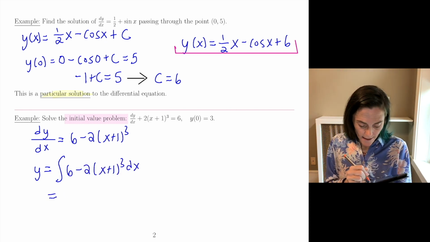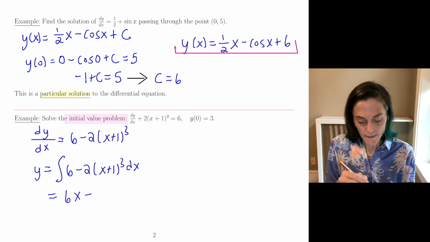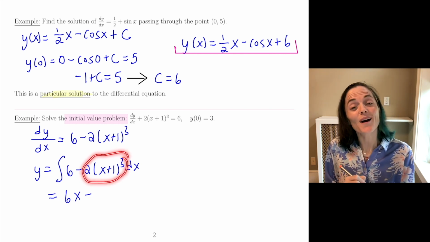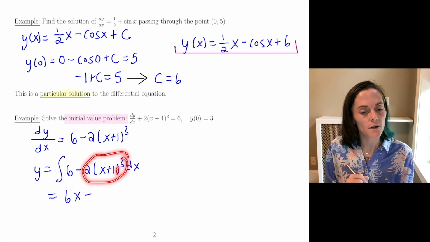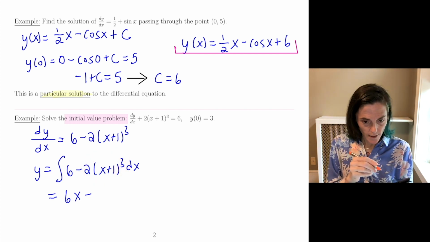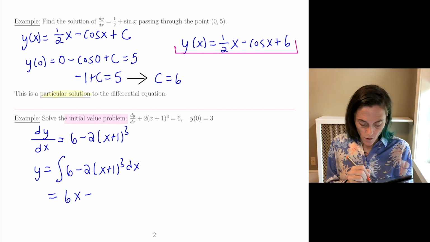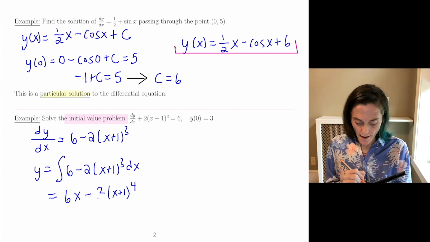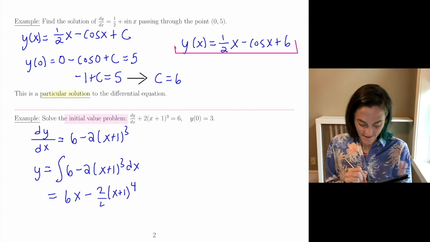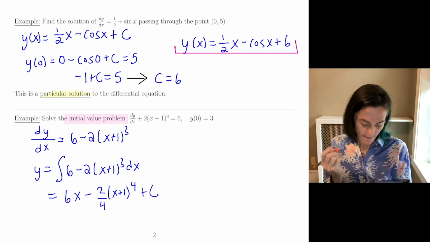I get 6x minus, well, technically this part would be chain rule, but you notice my inside function has derivative 1. So I'm just going to integrate. We have 2. We add a power and then divide by the higher power plus c. Okay, this is my function y.